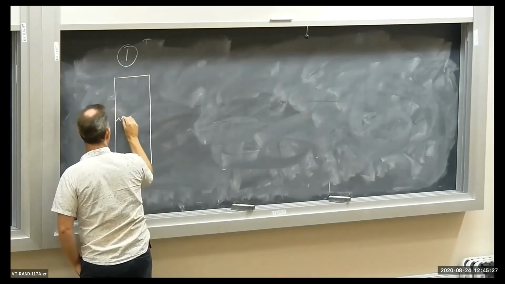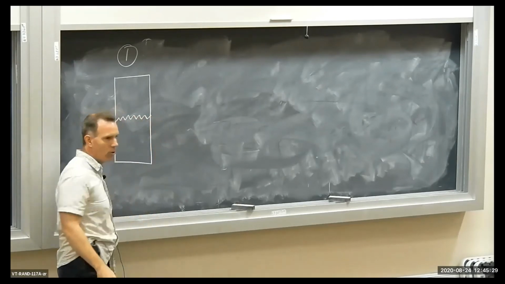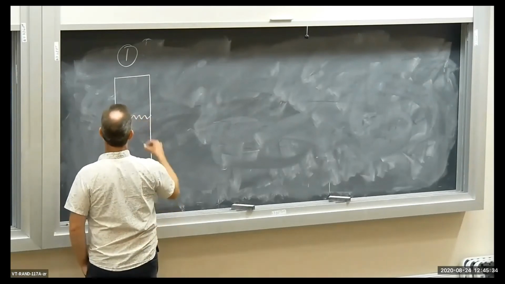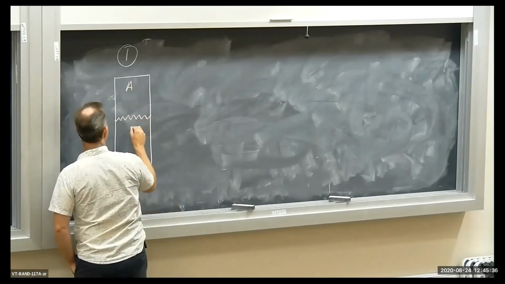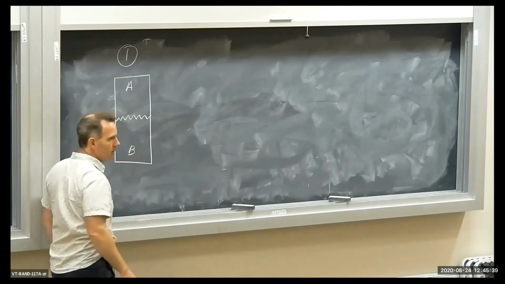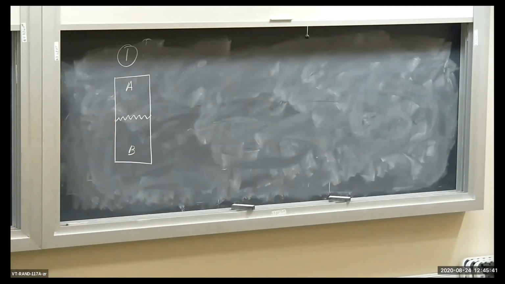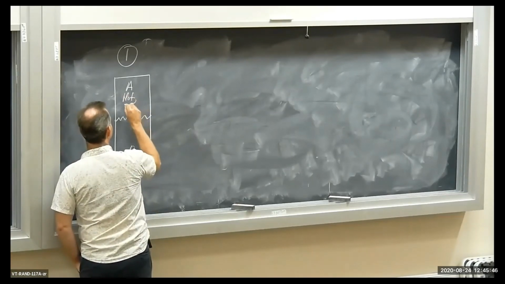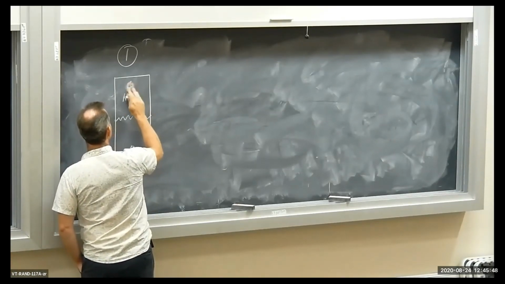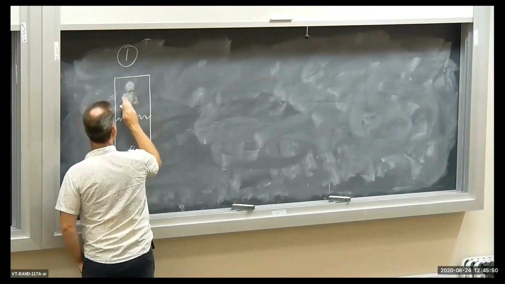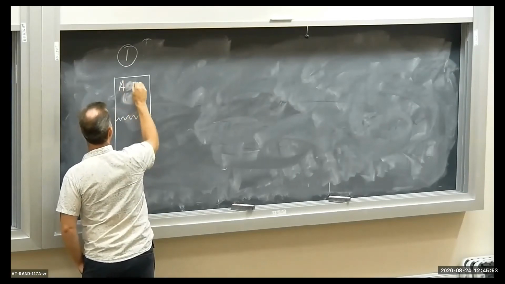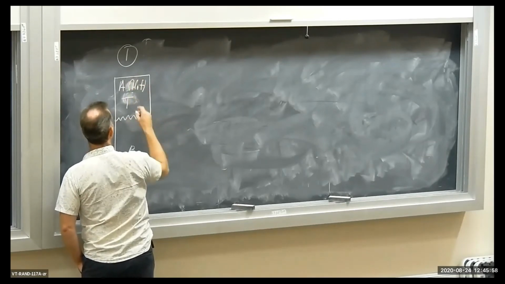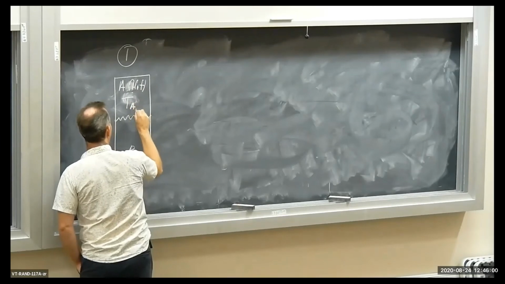We got bar A and bar B. Bar A is hot and has a temperature, at state 1, T sub A1.